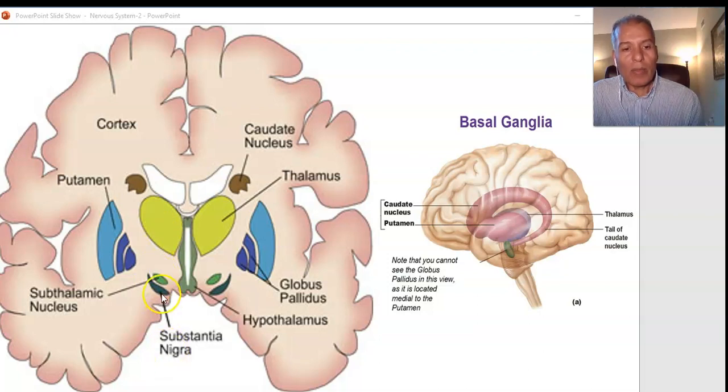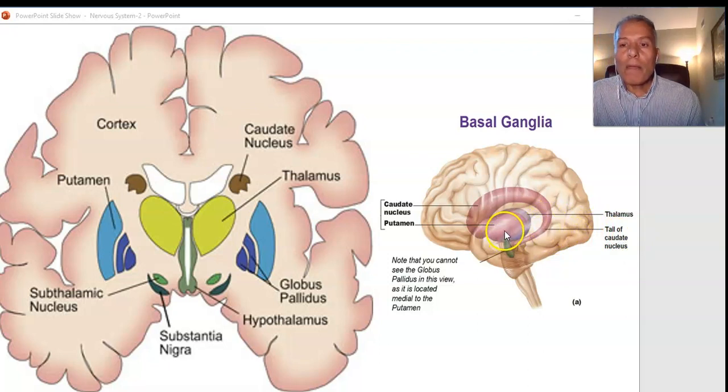And then we have the substantia nigra. You look here, these are the biggest parts of the basal ganglia: the putamen, the caudate, and here is the tail of the caudate, for example.